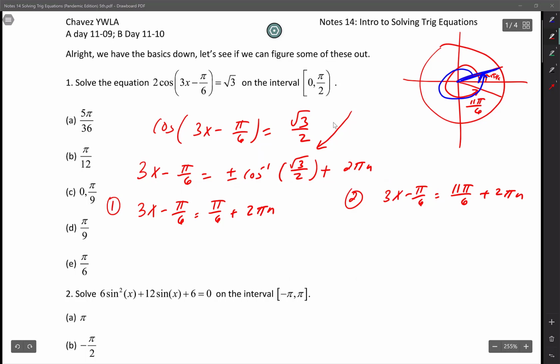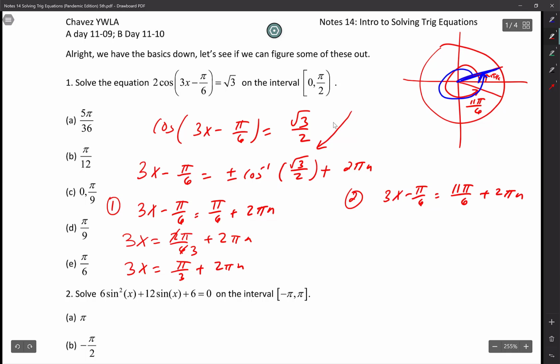Okay. All right, so from there, I'm going to go back to equation number 1 and just solve. I'm going to add up these 2 pi over 6's. So 3x equals 2 pi over 6 plus 2 pi n. 2 goes into 6 3 times, so 3x equals pi over 3 plus 2 pi n.